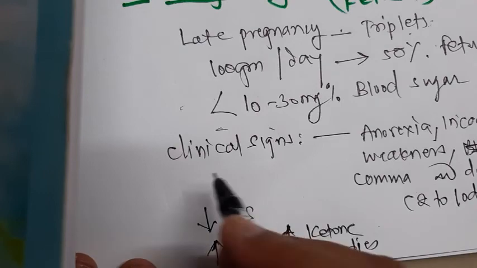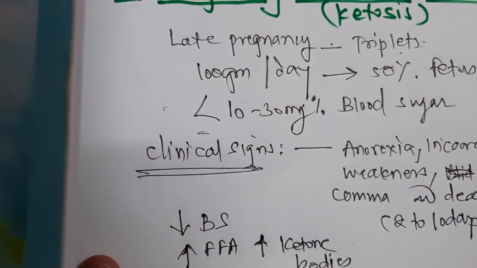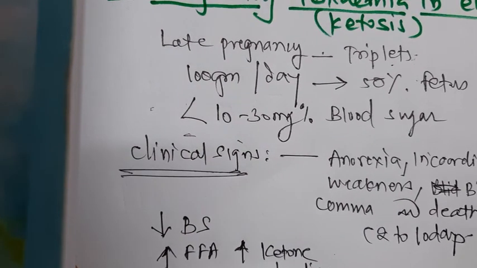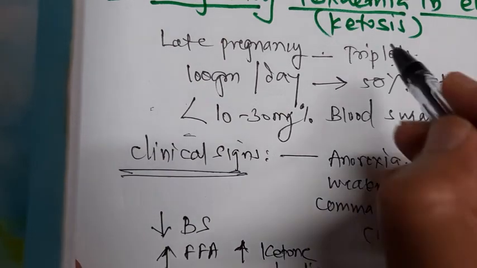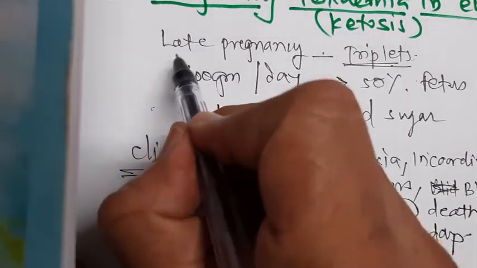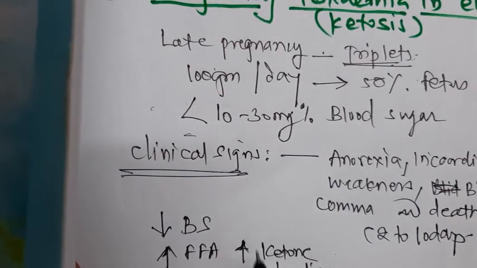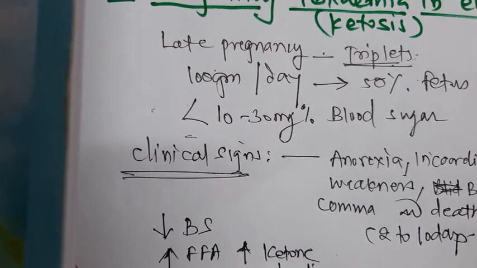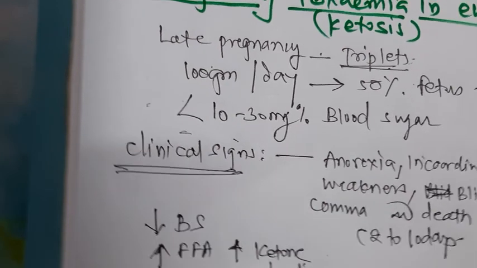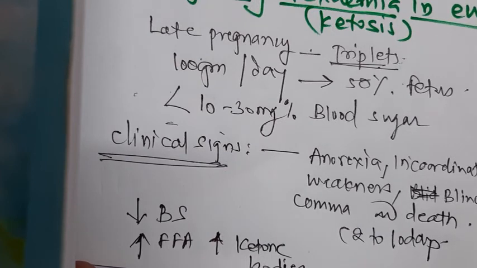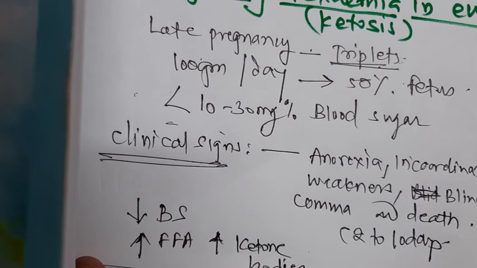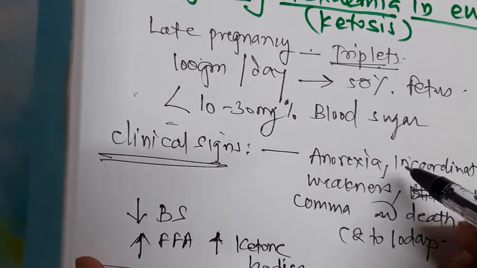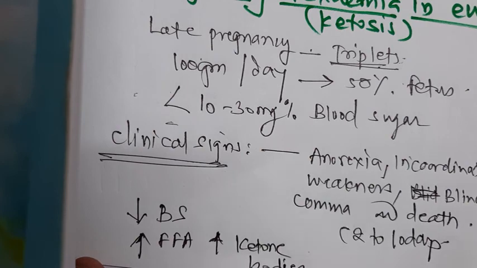So these are the clinical signs and biochemical changes in pregnancy toxemia in ewes. This condition occurs during late pregnancy because of low blood sugar, hypoglycemia. Mortality is noticed in goat or sheep in late pregnancy because of this.